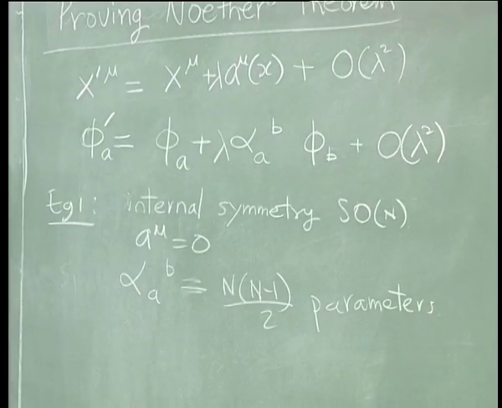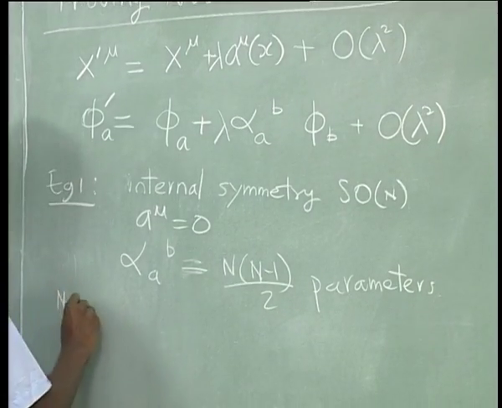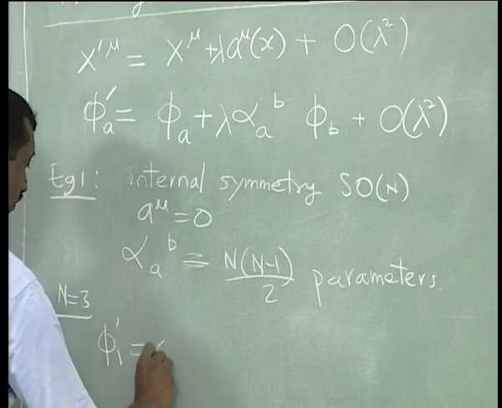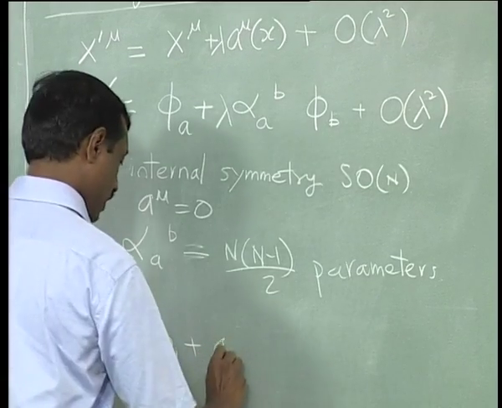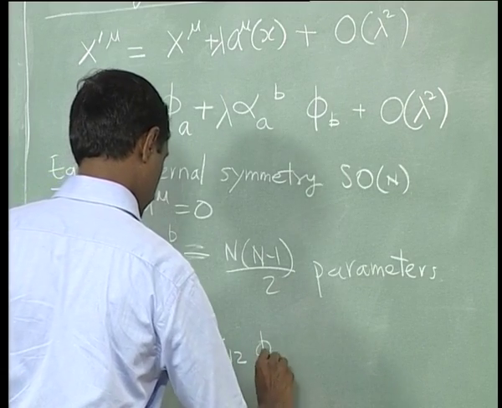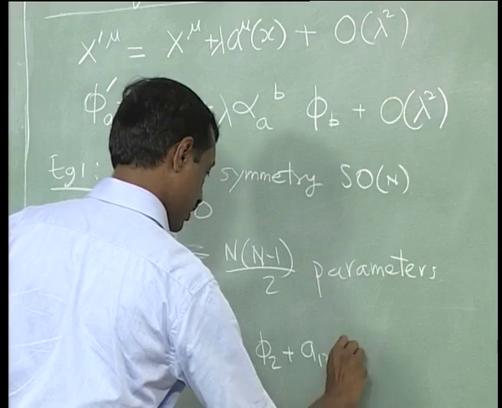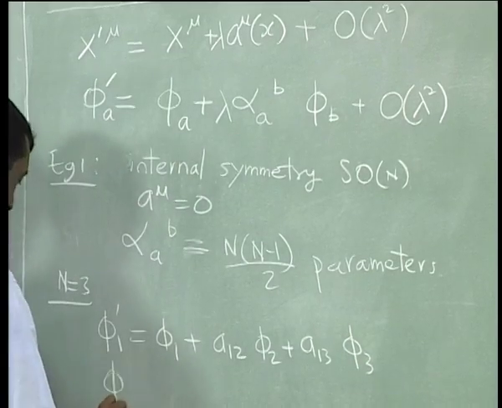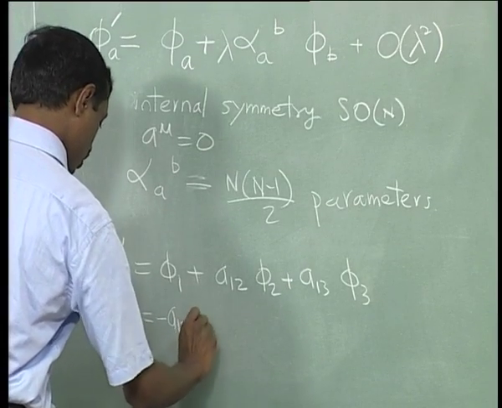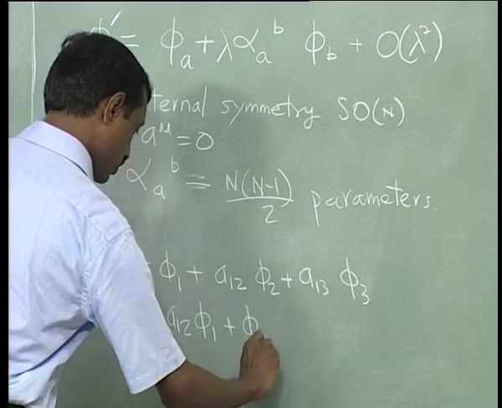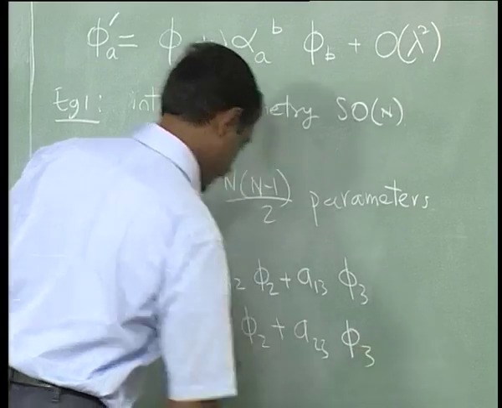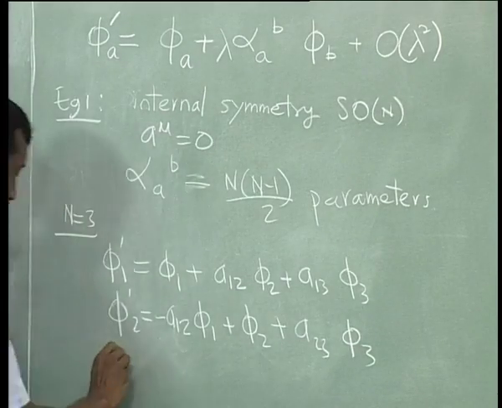So, if it is n equal to 3 for instance, I can be more explicit. I would write phi prime 1 equals phi 1 plus a 1 2 phi 2 plus a 1 3 phi 3, phi prime 2 would be equal to minus a 1 2 phi 1 plus phi 2 plus a 2 3 phi 3, and similarly.